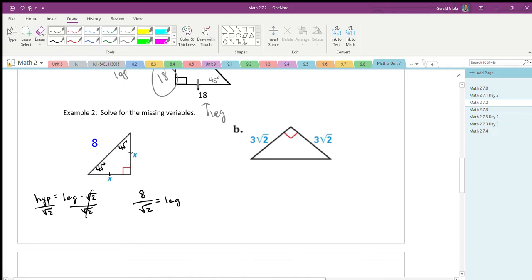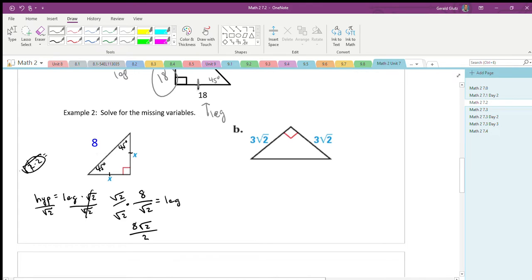Remember, we cannot leave a square root on the bottom, so to get rid of that square root, I have to multiply the bottom times itself. But I also have to multiply the top by itself, because I want this number to be 1. So I'll have 8 root 2 on the top. Square root of 2 times square root of 2 is just 2. If you're not sure why, it's the square root of 2 times 2.